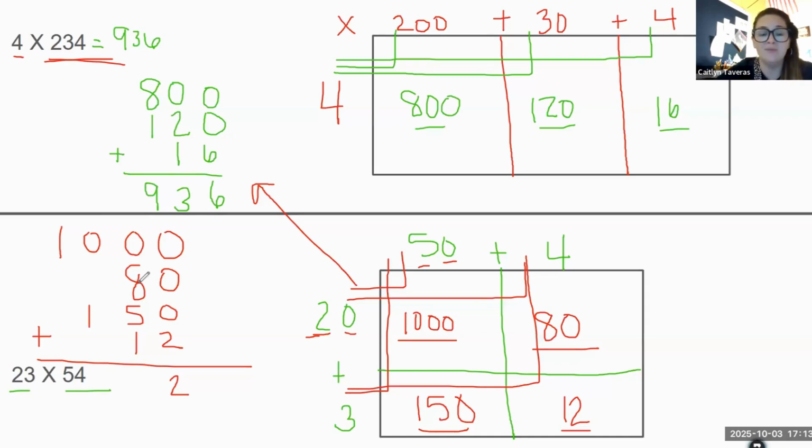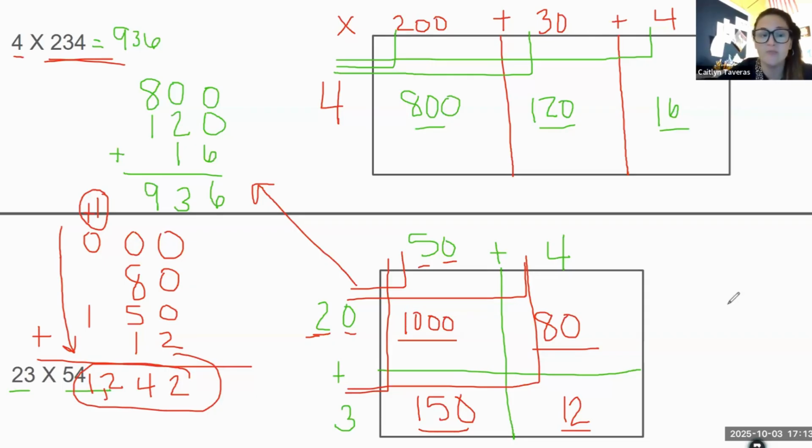We know 8 plus 5 is 13. 13 plus 1 is 14. Drop that 4, carry the 1. 1 plus 1 is 2. And then 1 plus nothing is 1. So our product is 1,242. This is just the beginning spot we're using to review with students so that they have that good foundation.